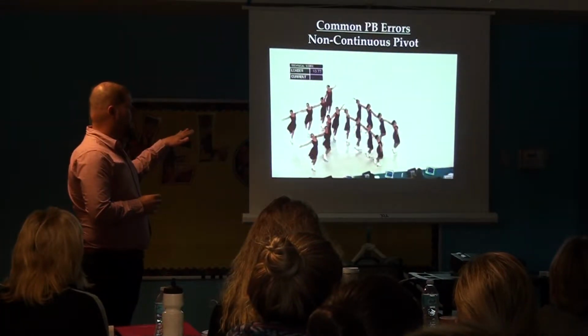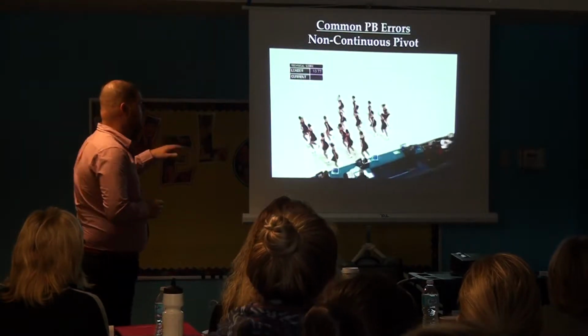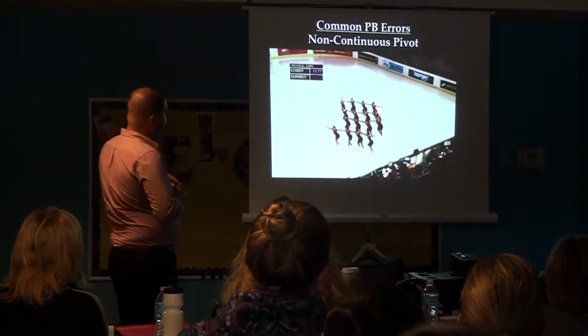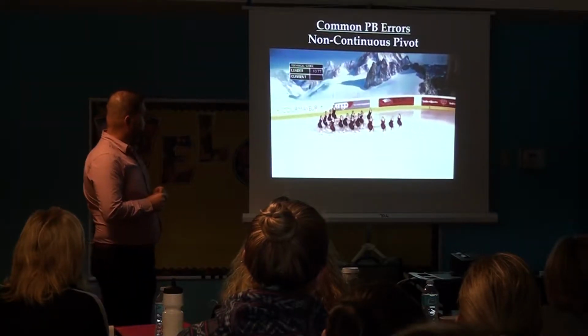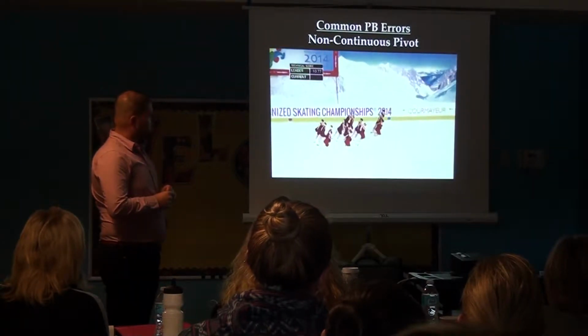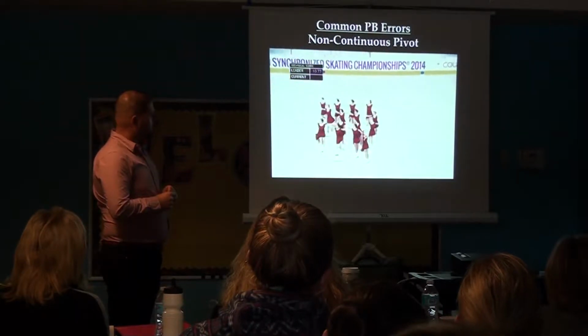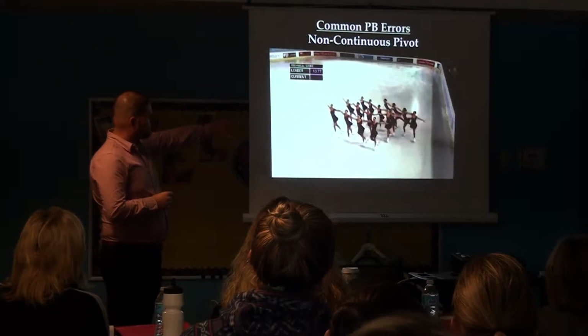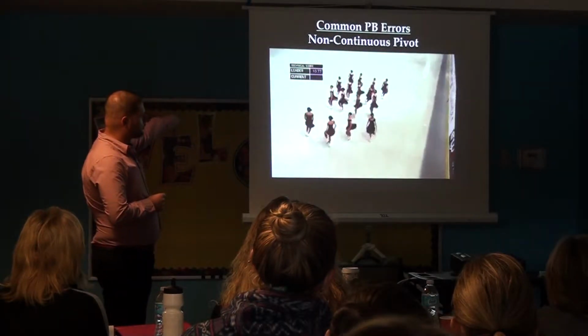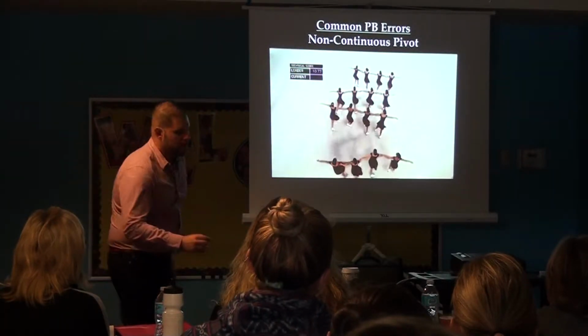This is not their pivot yet, this is just a fan. So this is the first pivot point, their first turn. And now they start going up the ice instead of pivoting around. So we'll take a look at that again.